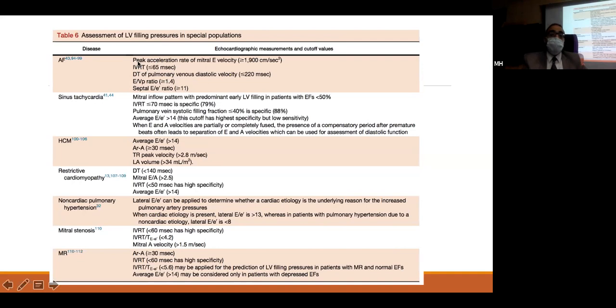You can also measure the isovolumic relaxation time if it's less than 65 milliseconds. So this guides and increases the possibility of having LV diastolic dysfunction.